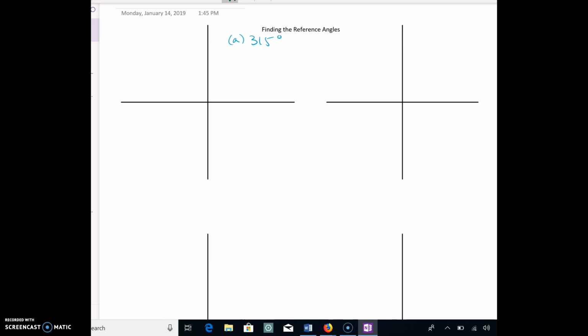What this means is we're going to start by sketching a 315 degree angle. Again, in terms of degrees, we have 0 degrees, 90 degrees, 180, 270, and to complete the circle, we're back at 360 degrees. So a 315 degree angle is going to be over here in between 270 and 360.